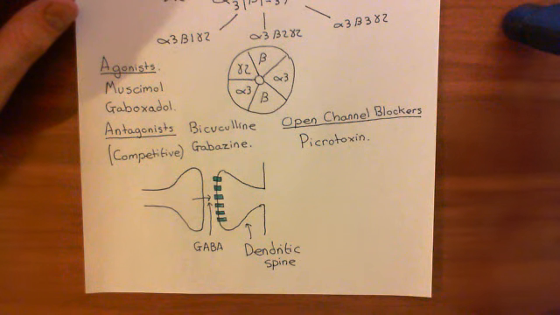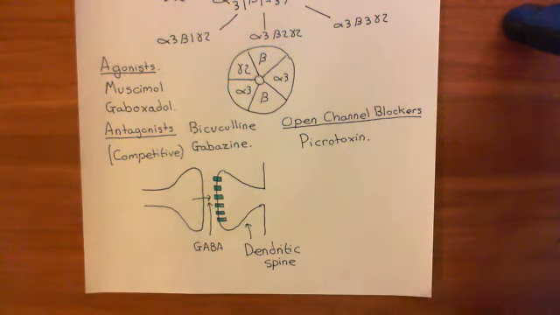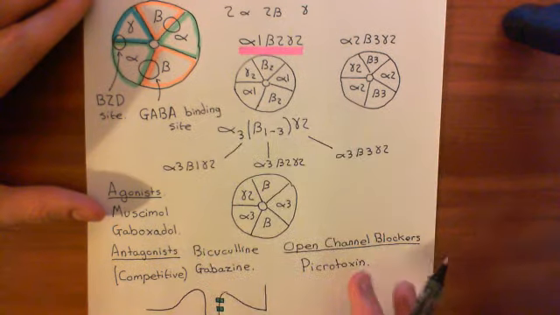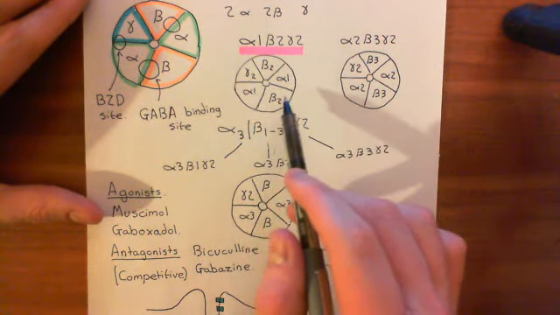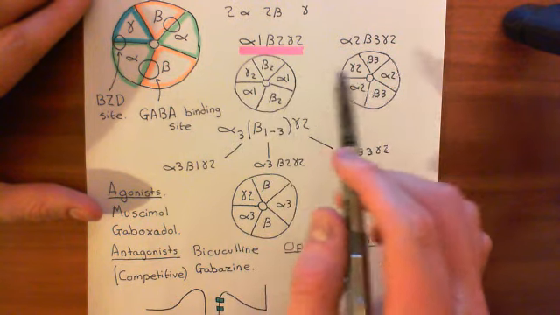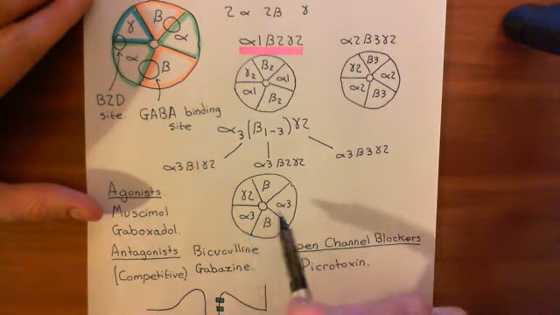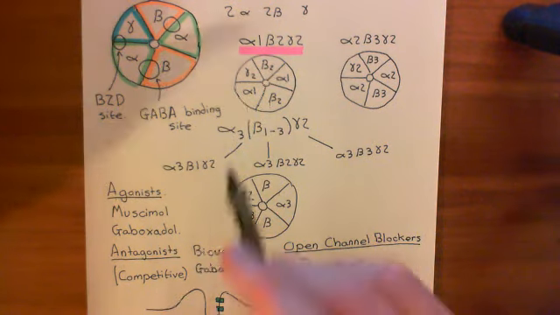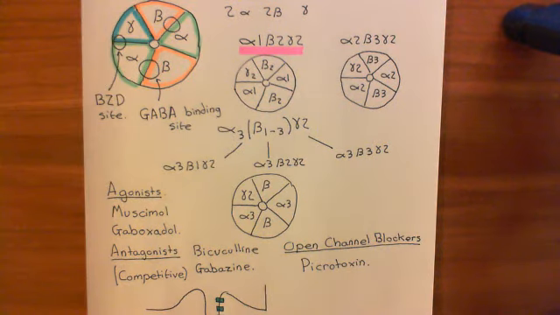Now this is quite interesting, because there are many different types of GABA-A receptors. We've discussed that there are many different types here. Some will have, for instance, alpha subunits that are alpha 1, and some will have alpha 2, alpha 3, etc. What you find is that different benzodiazepines have differing affinities for binding to different GABA-A receptors.